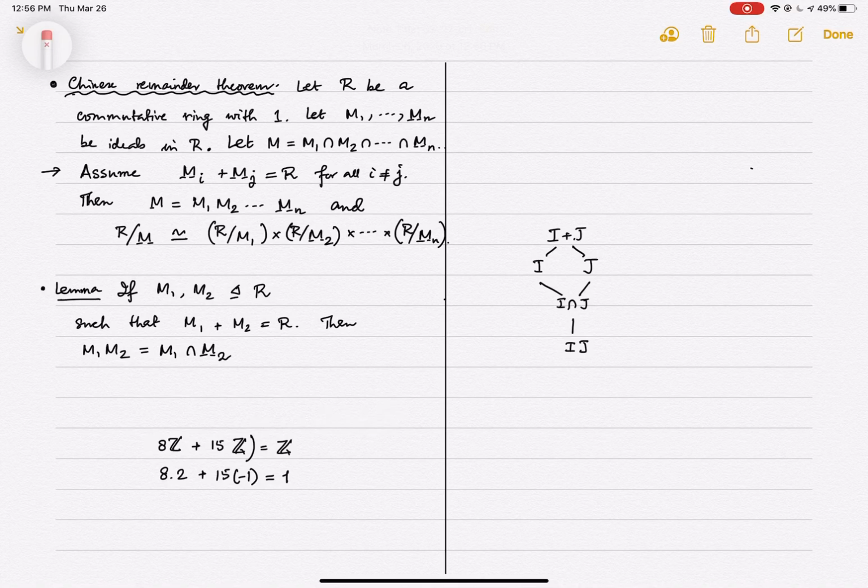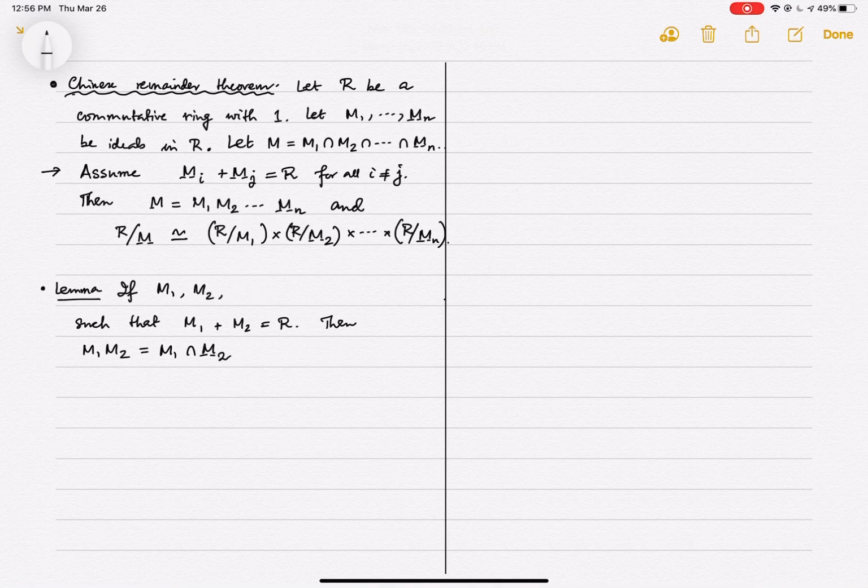Okay. First of all, this is true not just for two ideals, but for a bunch of ideals.